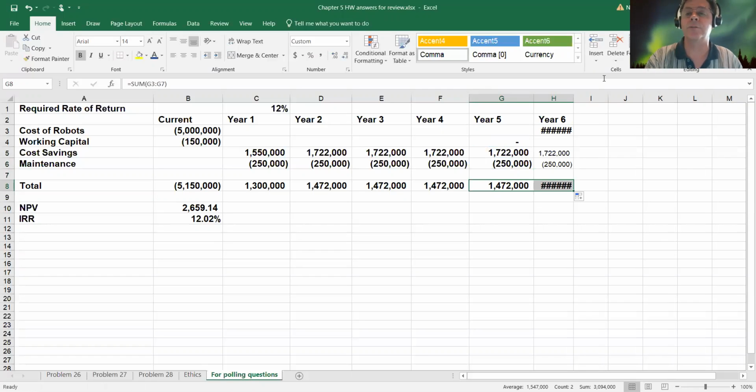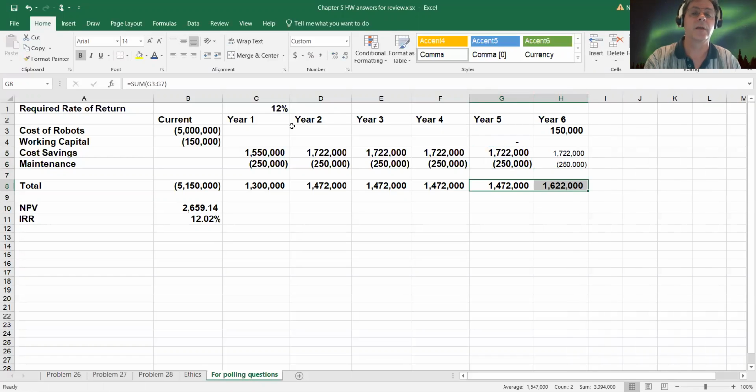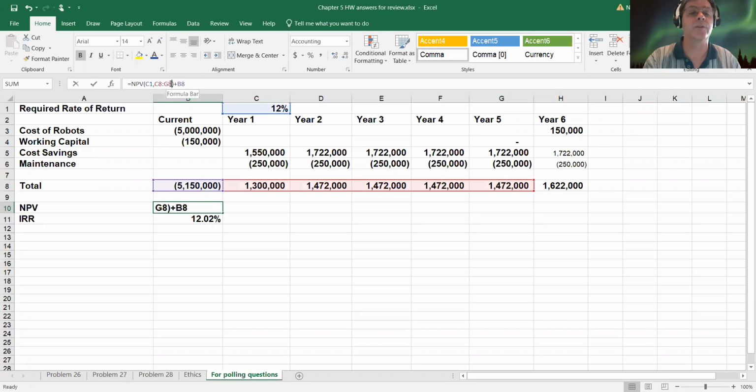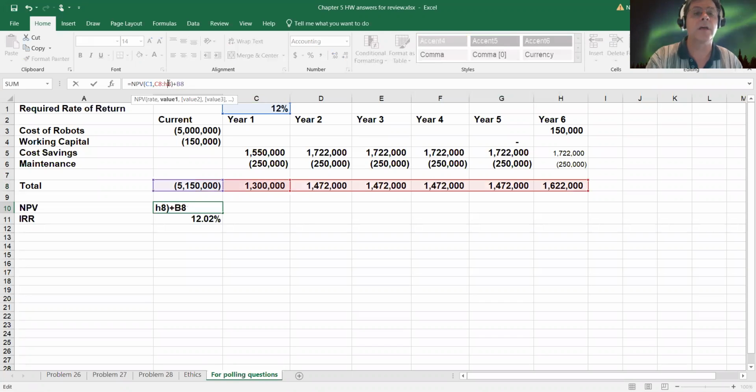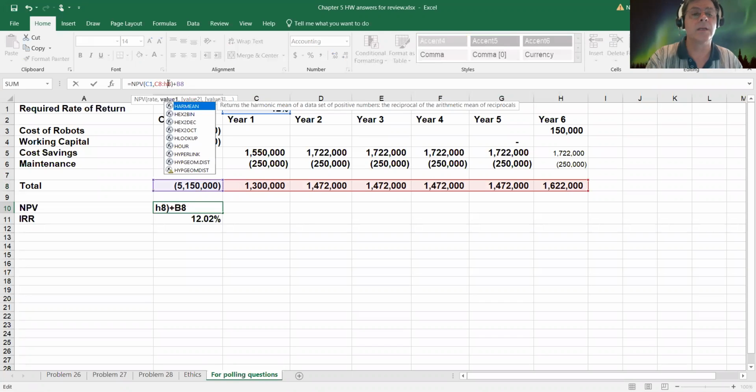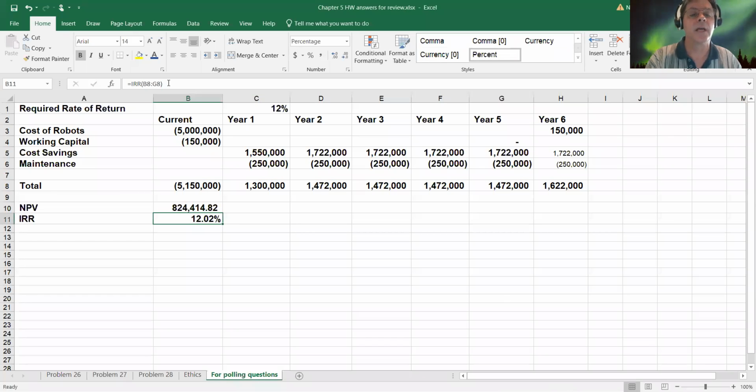I can make it bigger so you can actually see the numbers. And we would come over here and have to change our formula to equal the one more year. So instead of G8, it would go up to H8. And it makes our NPV go up. So, another year of cost savings.